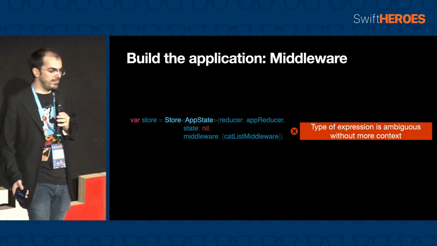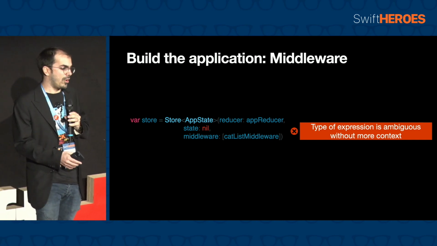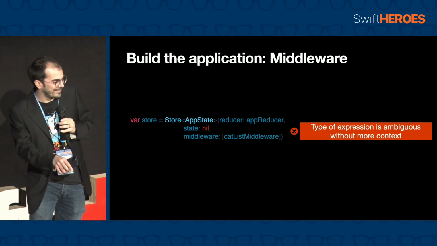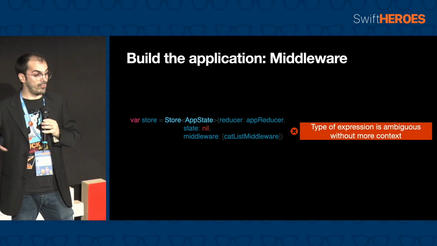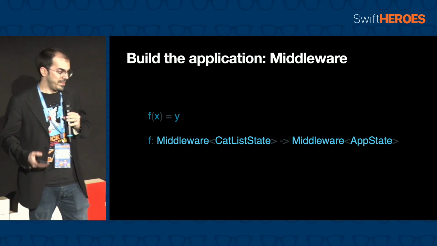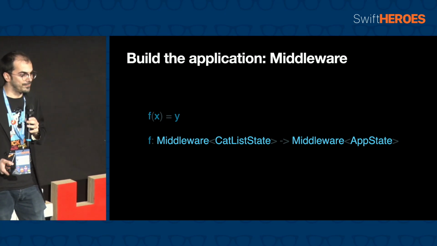So the solution can be to create a function that has as input a middleware of CatalystState and returns a middleware of AppState. This is very simple, if you see, and very powerful.